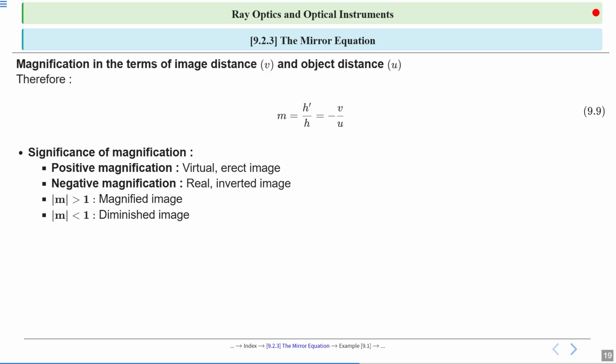Diminished means smaller in size as compared to object height. Got it? And if the magnitude of M is 1, that means same-sized image. Object height and image height are the same, due to which magnification is 1. Okay, that is the physical significance of magnification.